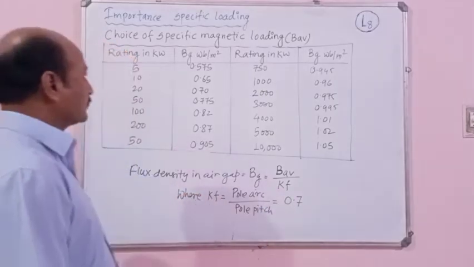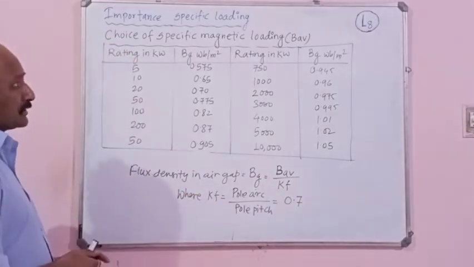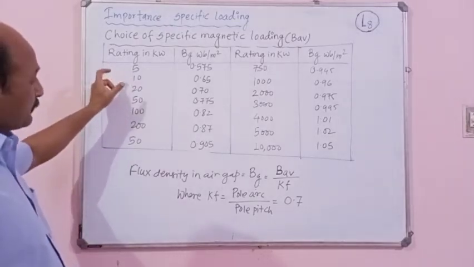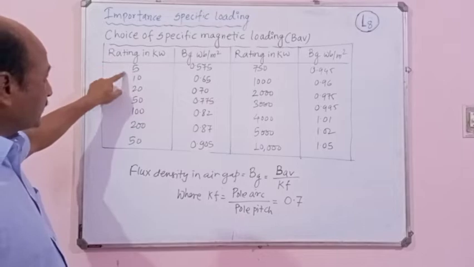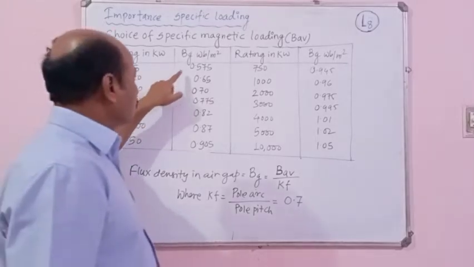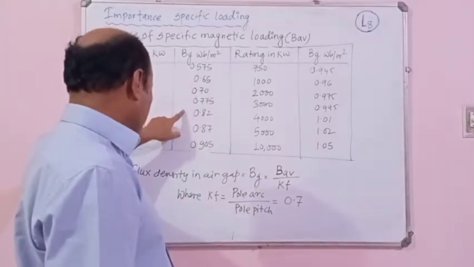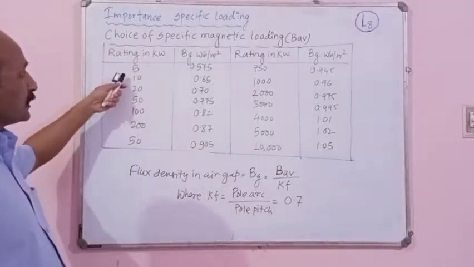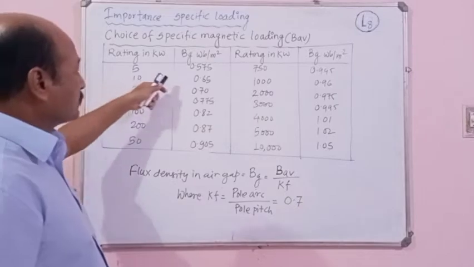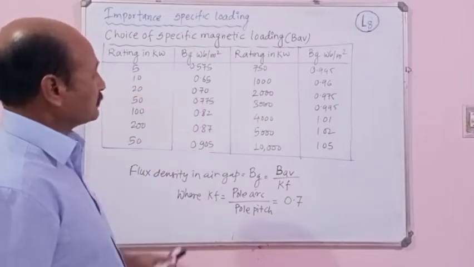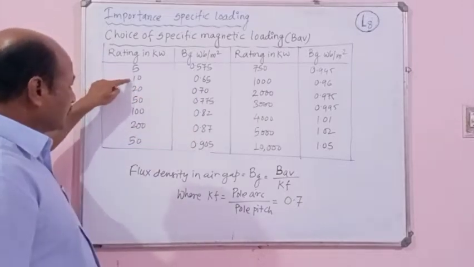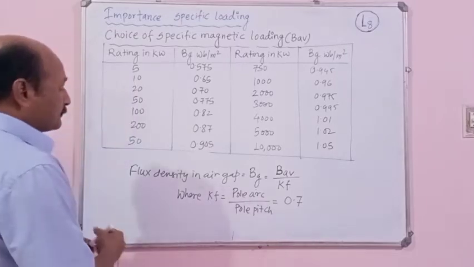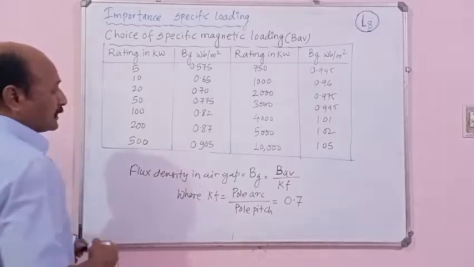whose value is 0.7. So here for the choice of specific magnetic loading, we have a table. In the table we have the rating in kilowatt and the value of flux density in the air gap. So for a 5 kilowatt motor, we have 0.575 Weber per meter square, then 10, 20, 50, 100, 200 and 500 kilowatt.